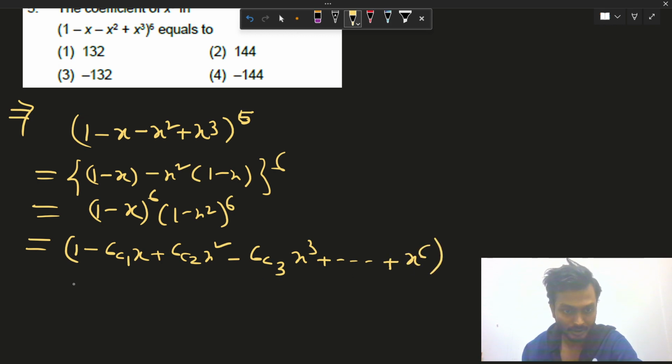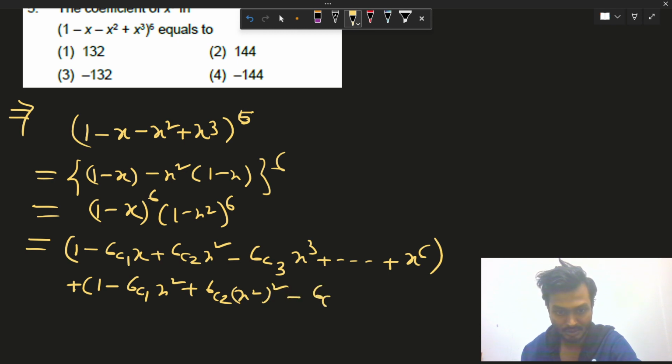These things we get, and then plus (1 - 6C1 x^2 + 6C2 (x^2)^2 - 6C3 (x^2)^3 + 6C4 (x^2)^4 plus dot dot dot plus (x^2)^6. So these things we get.